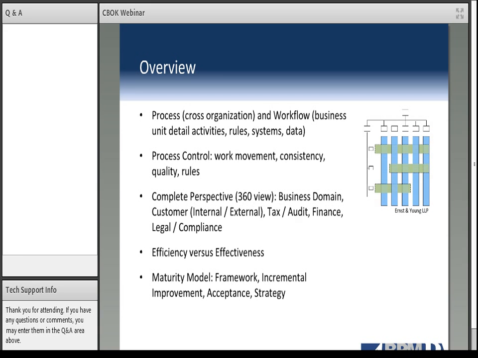Then there's the aspect of efficiency versus effectiveness. A lot of times when organizations get involved with trying to re-engineer their processes, they're focusing on the timelines and how long it takes to execute the process. The key is you need to step back and not just think about reducing the execution time, but understand how effective this is.